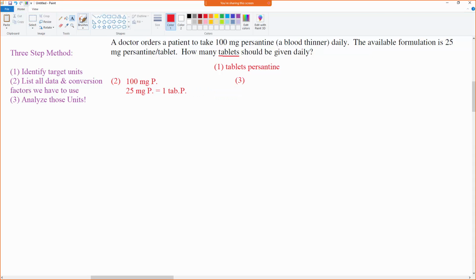So this is good. Now, you may have already looked at this and thought, okay, I know how to do this in my head. I don't actually need to use dimensional analysis. But the reason I start with ones that you can do in your head is because I want you to practice using the method on ones that are simple.